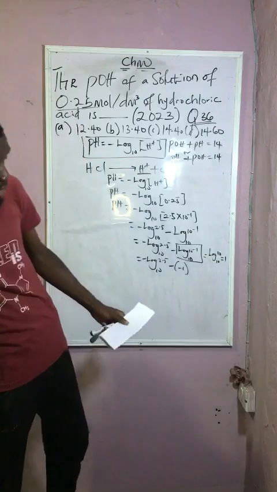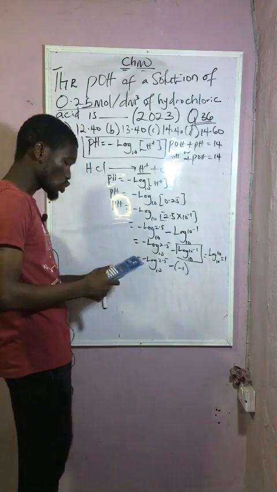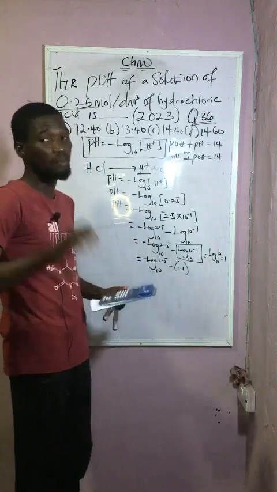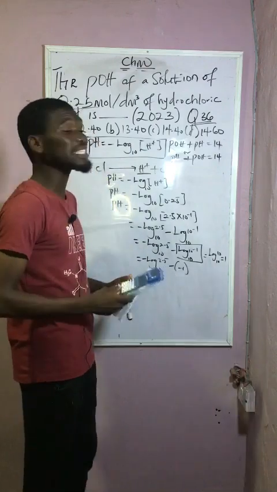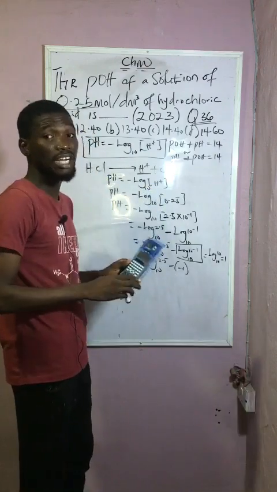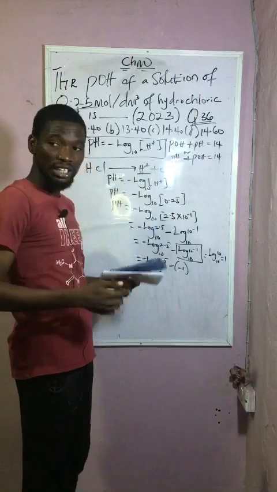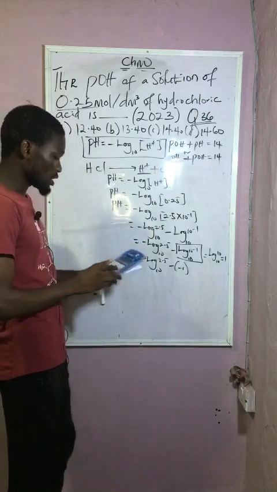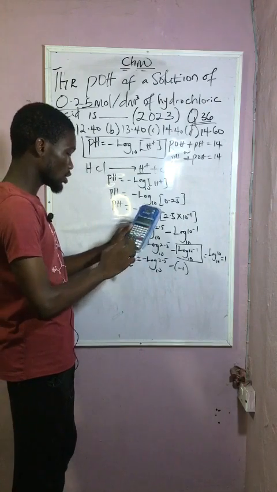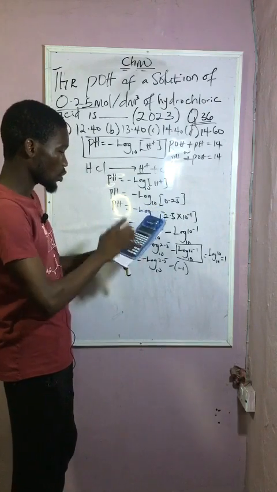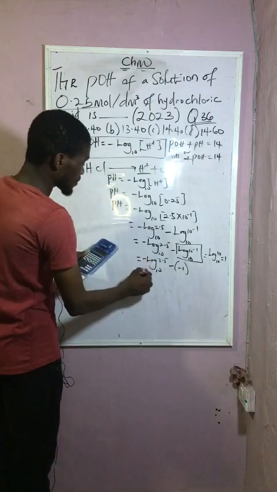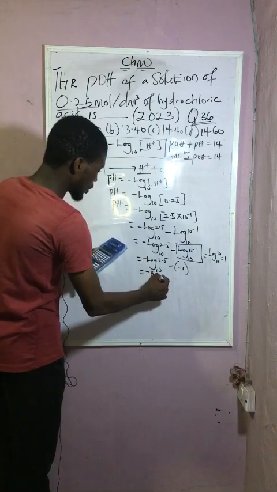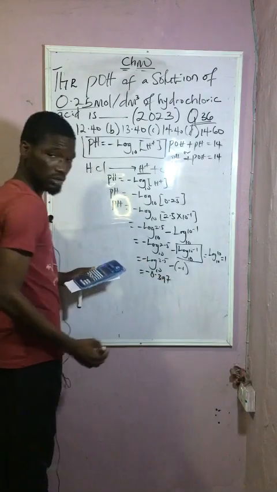So now we can easily punch our calculator to look for the logarithm of 2.5. Mind you, JAMB will not give you a scientific calculator. Rather, you'll be given what? The screen calculator. Are you with me now? So log 2.5, we are having, and don't forget the negative sign, minus 0.397.